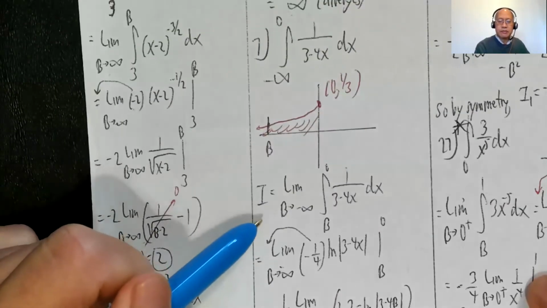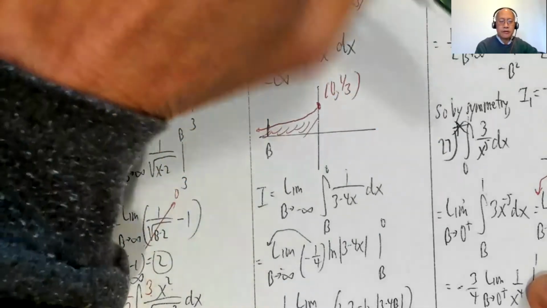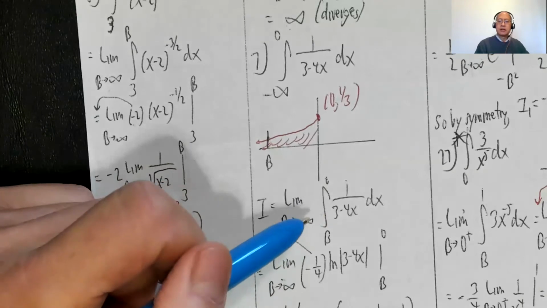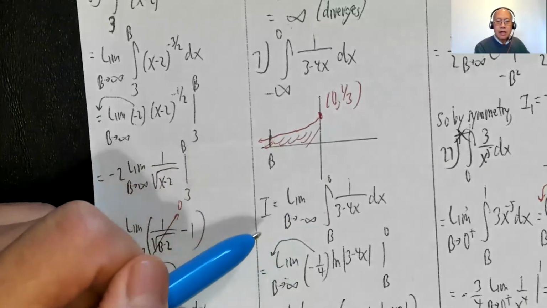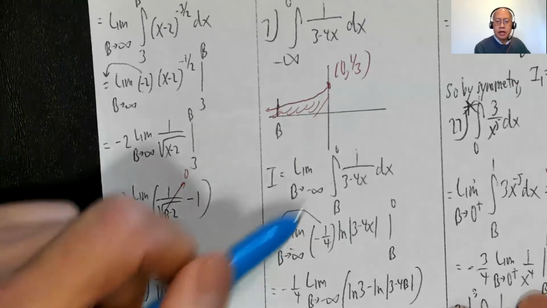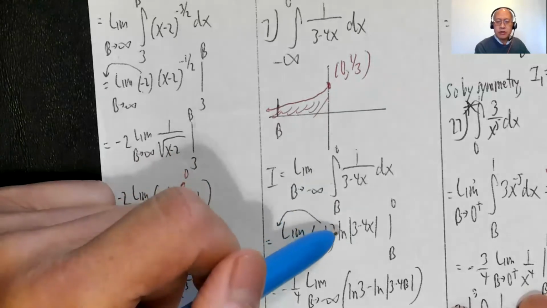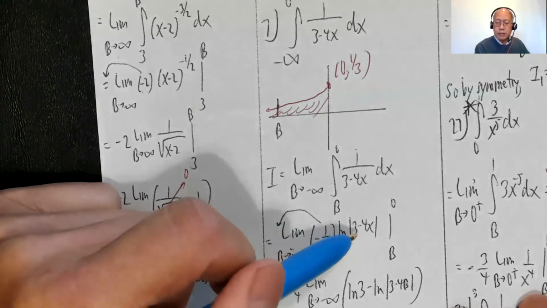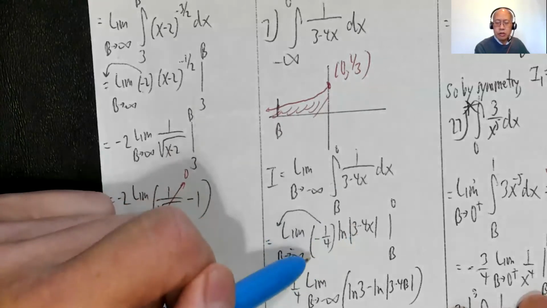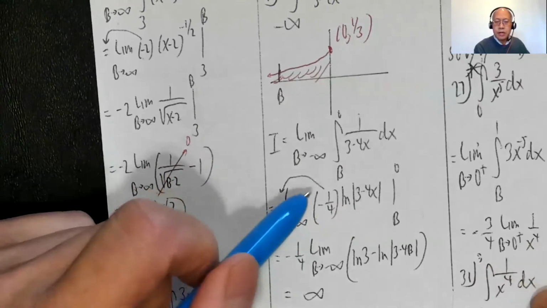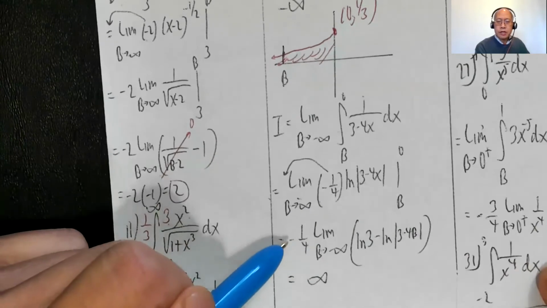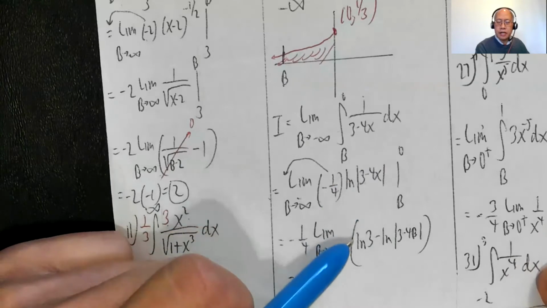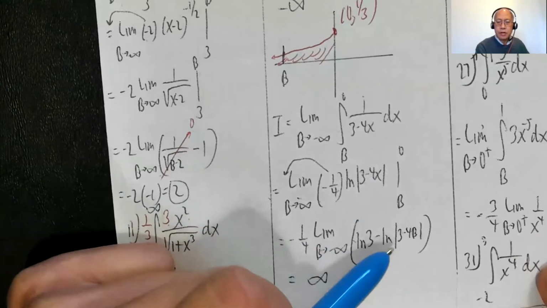All right, so what happens when you have a negative infinity? This time, take the limit as b approaches negative infinity of the integral from b to 0 of 1 over (3 minus 4x) dx. So limit as b approaches negative infinity of, this is your ln absolute value of 3 minus 4x. If I were to differentiate, I'd multiply by negative 4. Since I'm integrating, multiply by negative 1/4. Take the negative 1/4 out. Plug in 0, I get ln absolute value of 3.